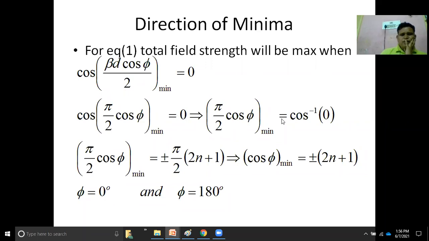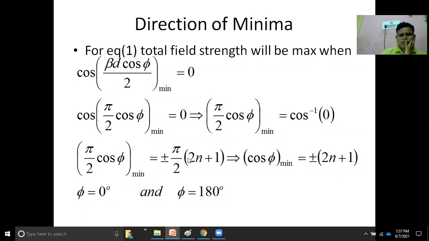Therefore, if you apply inverse on both sides of this equation, pi/2 cos phi is equal to cos inverse of 0. What is the value of cos inverse of 0? When will the cos become 0? At multiples of pi by 2. Suppose n is equal to 0, this is pi by 2. If n is equal to 1, 3 pi by 2, then 5 pi by 2.